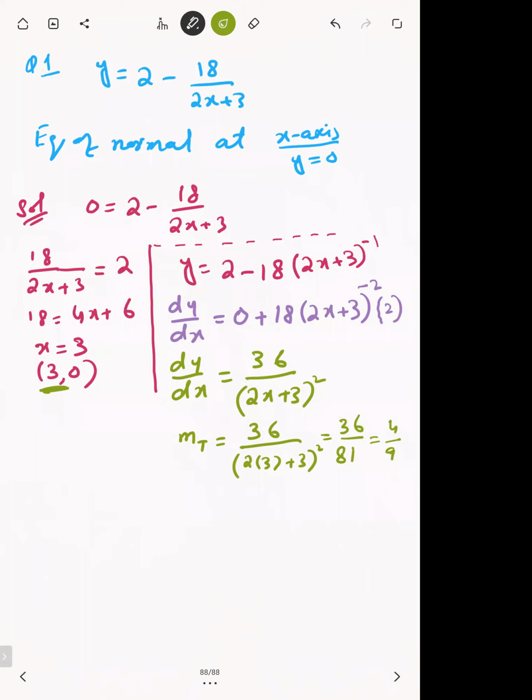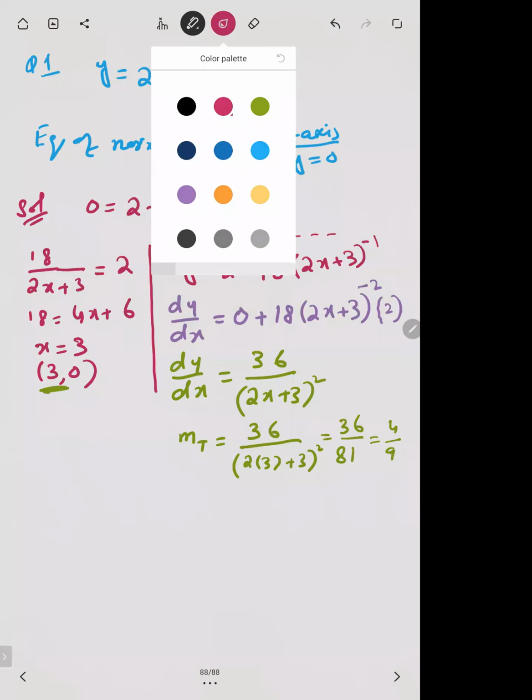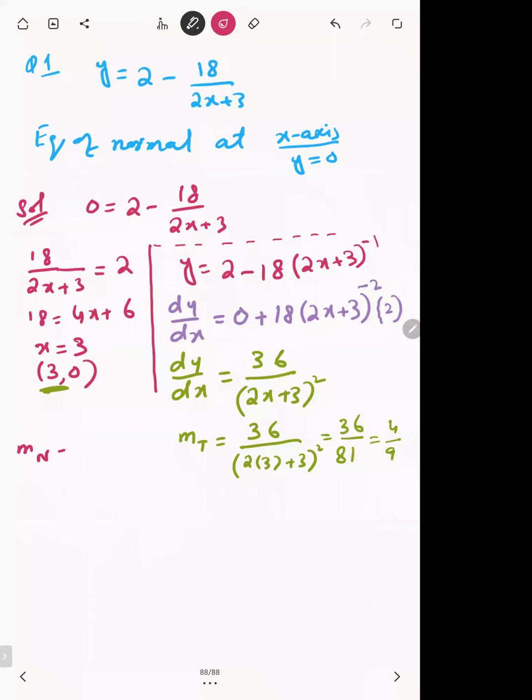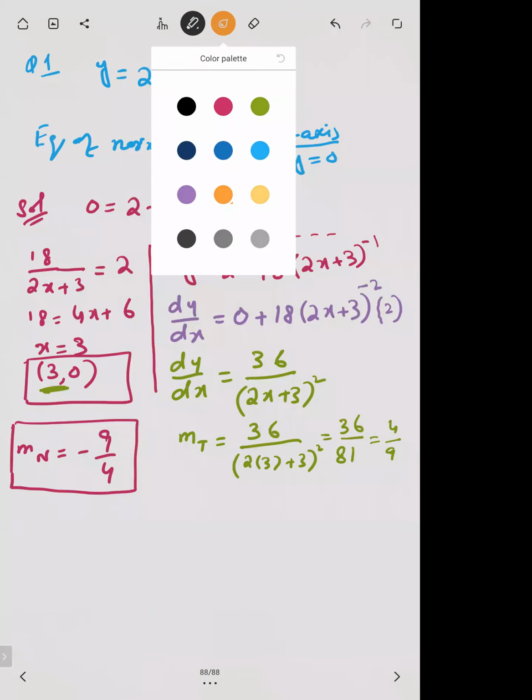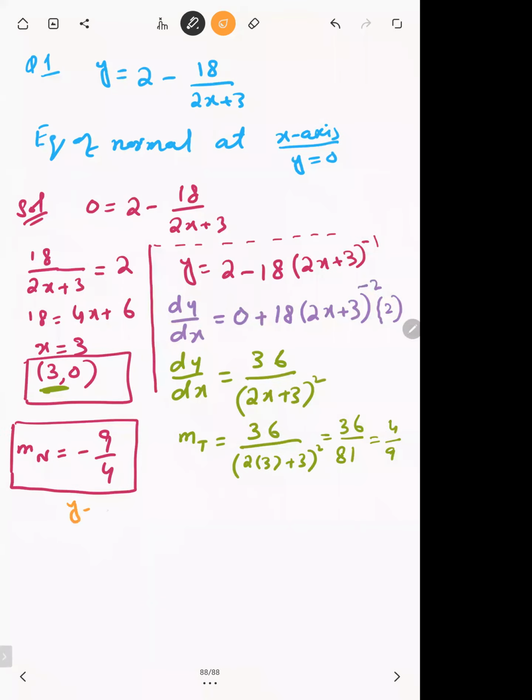Okay, if this is the gradient of tangent, then what's the gradient of normal? Negative reciprocal, so it will be minus 9 by 4. So that's the gradient of normal, and normal passes through this point (3, 0). So use this point and the gradient, you can find the equation of normal. y minus y1 is equal to m into x minus x1.